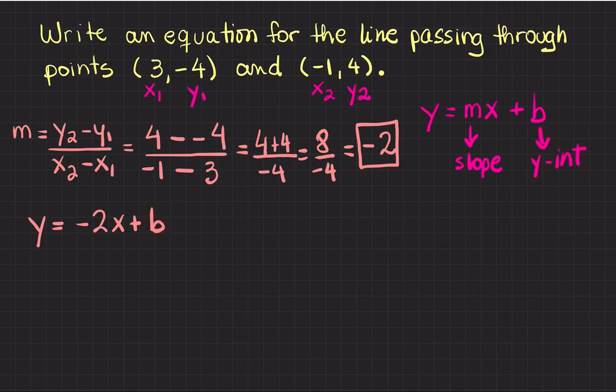To find b, you're going to use either of these 2 points. It doesn't matter which one you choose. Normally you choose the one that looks easier, but in this case, they're both the same. Both have one negative number, so neither is easier than the other, so we can choose any. I'm going to choose this one, using point (3, -4).